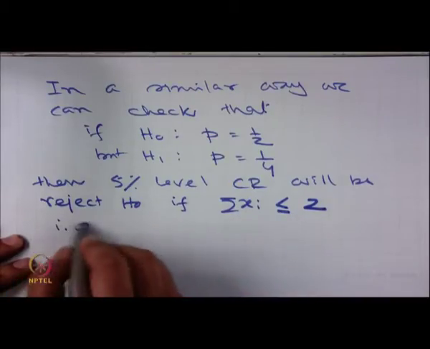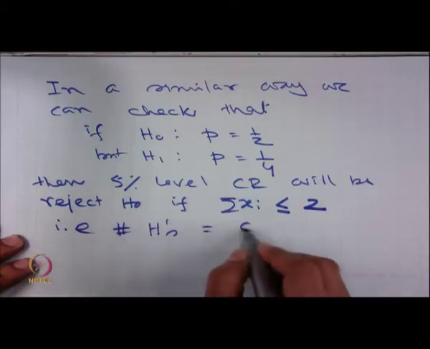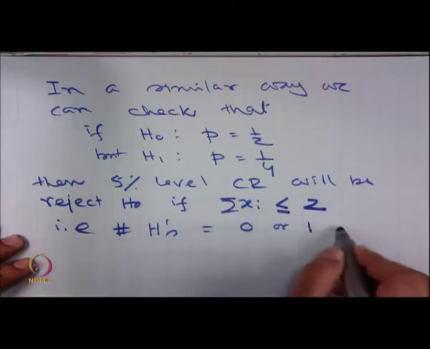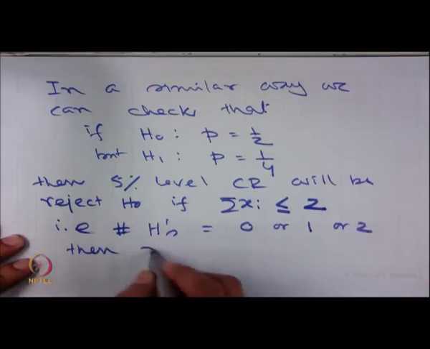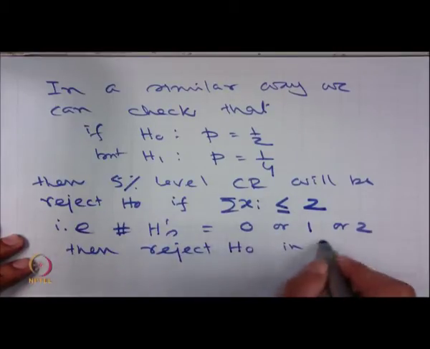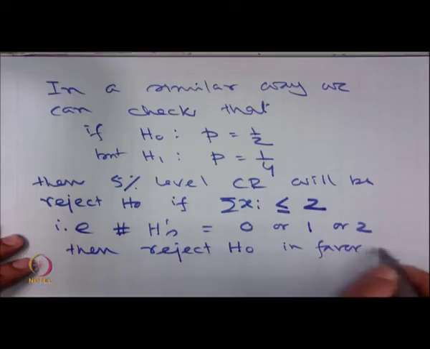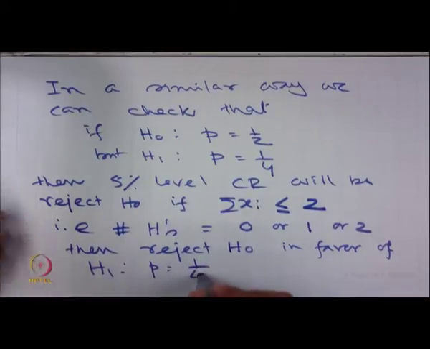That is, if the number of heads is 0, 1 or 2, then reject H naught in favor of H1, p equal to 1/4.